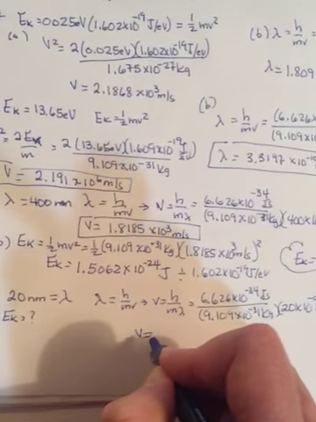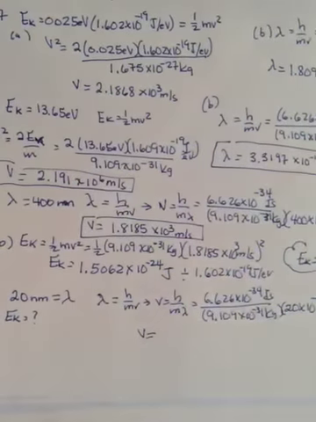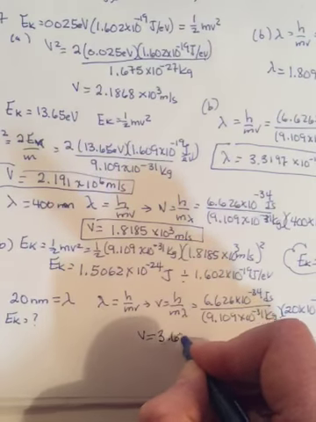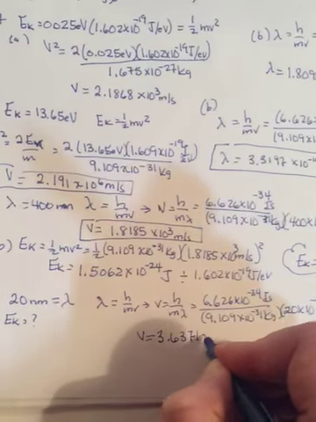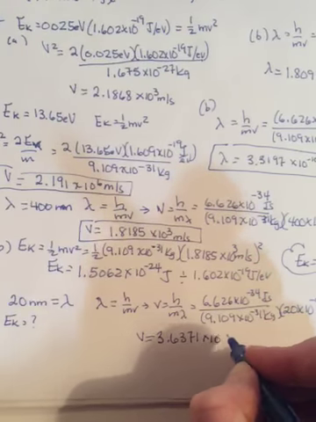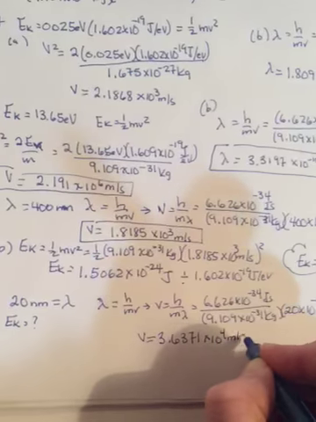And you get a speed of 3.6371 times 10 to the 4th meters per second.